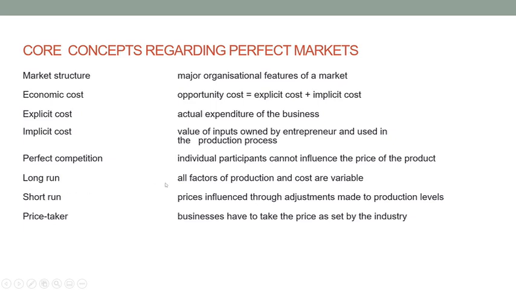So your long run refers to a situation where all the factors of production and costs are variable, whereas in the short run, prices are influenced through adjustments made to production levels. So in the short run, you have both variable and fixed. Whereas in the long run, everything is variable. But in the short run, there's always one item that will be fixed.